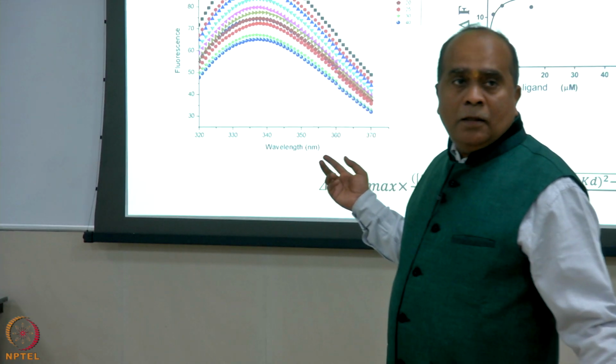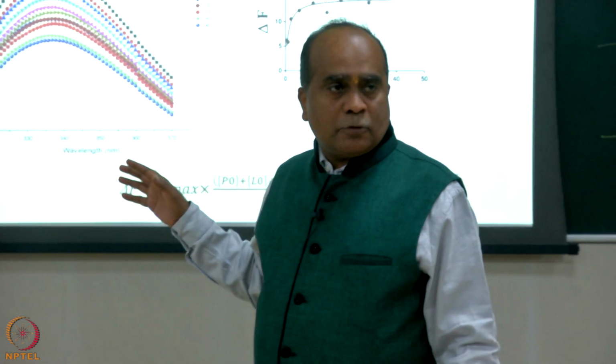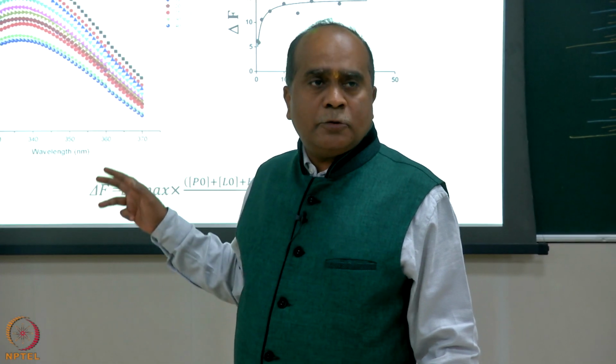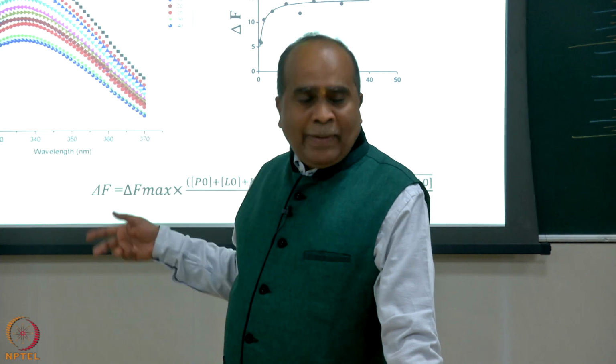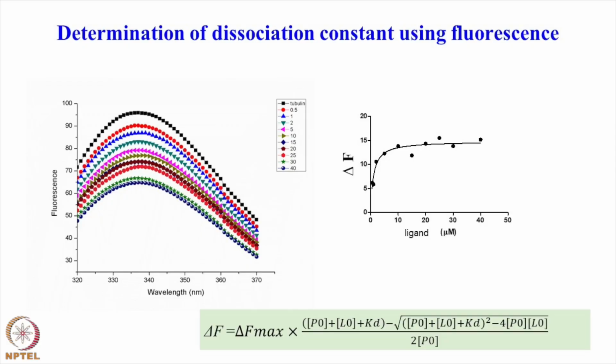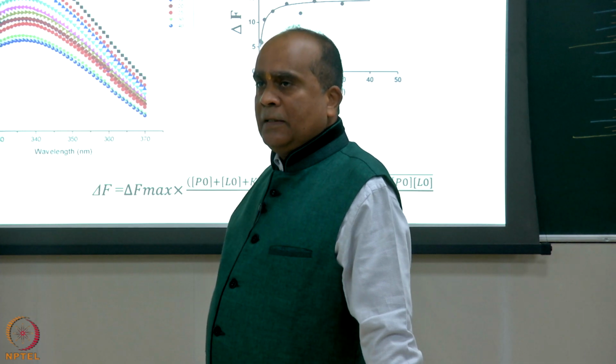So, here you can use fluorescence spectroscopy, a quick way to find out which molecule binds to tubulin and which does not. This is the experiment where you have free tubulin in black and then increasing concentration of your drug, can be any drug, colchicine, vinca alkaloid, epothilone, whatever you name it, and you plot what is happening here, emission is dropping down.